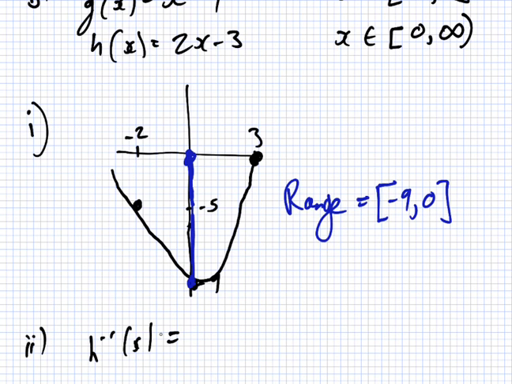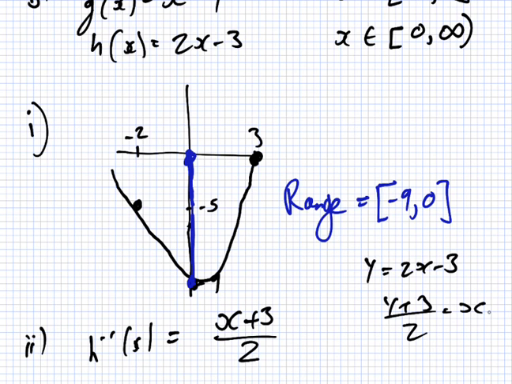So if we go backwards, what's the opposite of minus 3? Plus 3, and then divide by 2. So the inverse should be (x plus 3) divided by 2. And you can check this by using the other method I showed you. If you rearrange this, you get the same answer. But because it's linear, you can almost do it in your head, which we did.